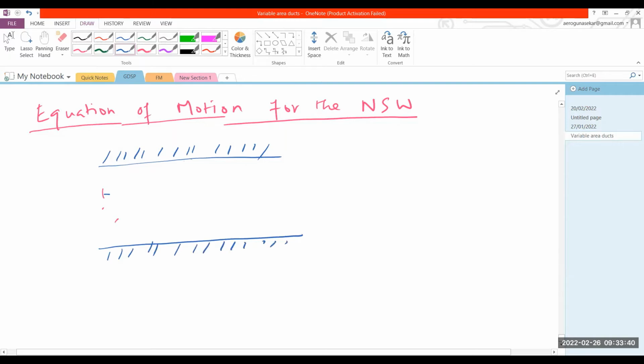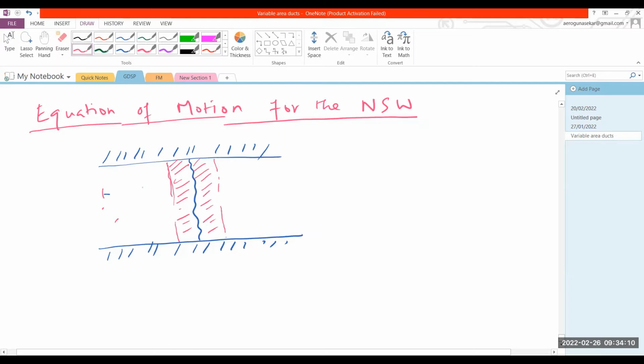That shock wave, you can say this is your shock wave, and there is a non-equilibrium region. That means before and after the shock wave, there are non-equilibrium regions.